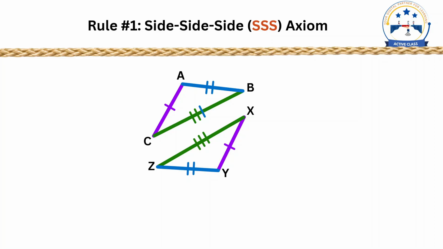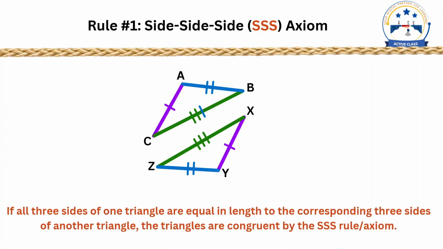Can you guess what the SSS or side, side, side axiom means? Great. If all three sides of one triangle are equal in length to the corresponding three sides of another triangle, the triangles are congruent by SSS rule.